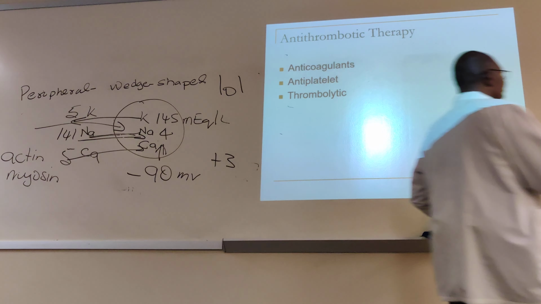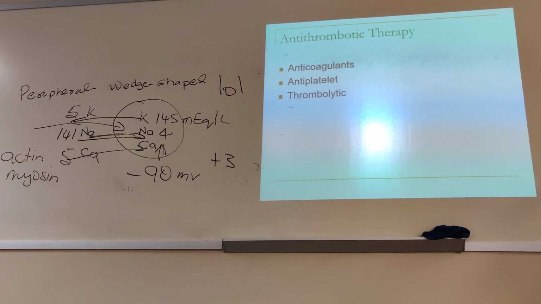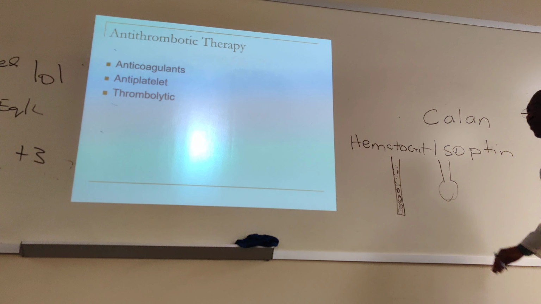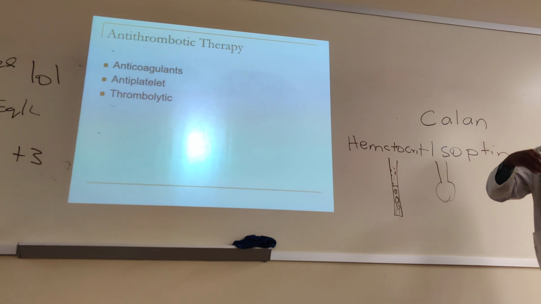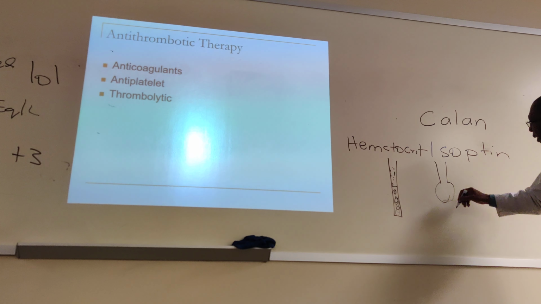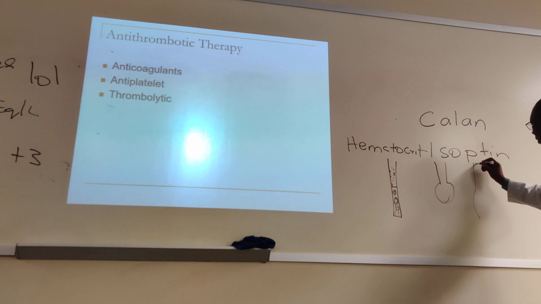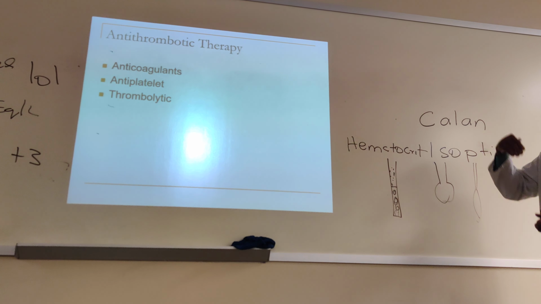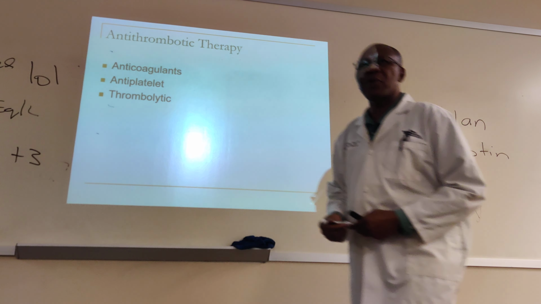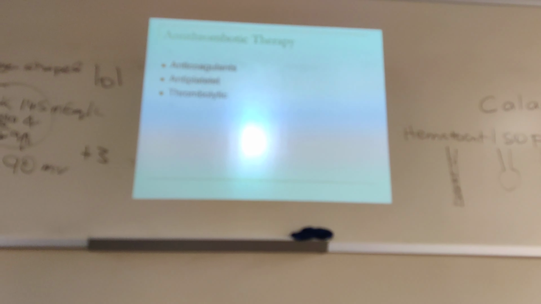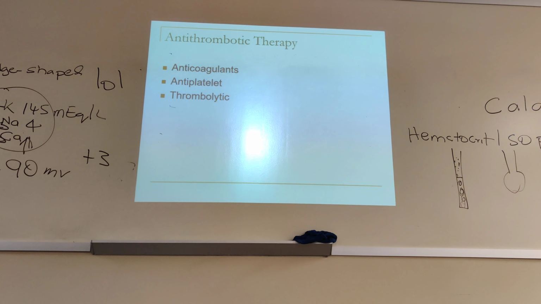Here's your normal alveolus. And because of all the fluid and pus and everything in here, they look like that. Make it sag. That's air bronchogram. Okay? All right, let's keep on going here.